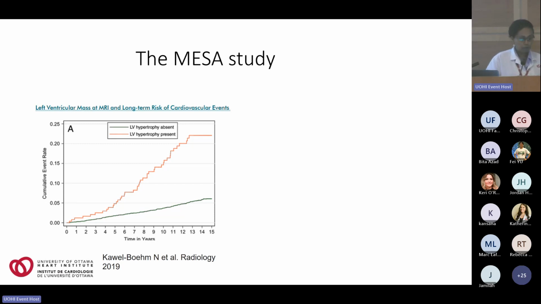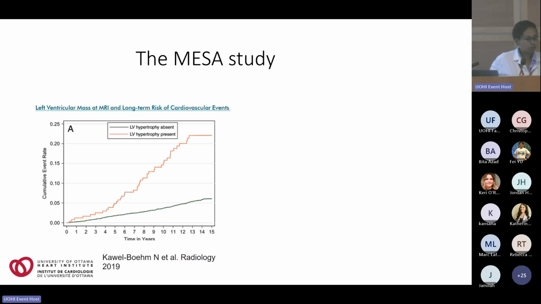And this Kaplan-Meier curve that you see is from the MESA study, which is a multi-center population-based study in the US that enrolled over 6,000 participants from an ethnically diverse population without known cardiovascular disease, and half of the participants were women.